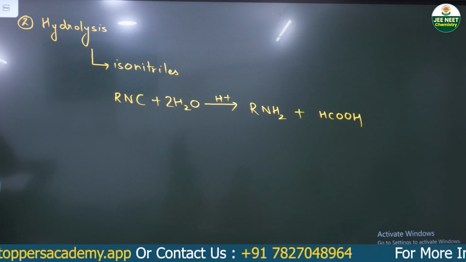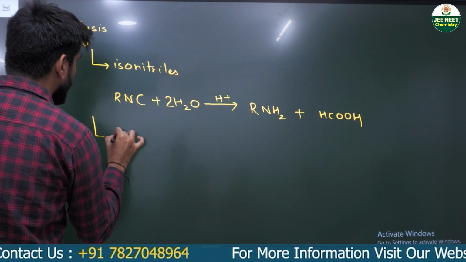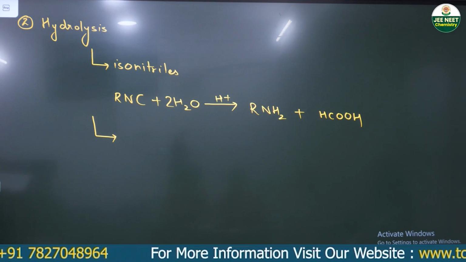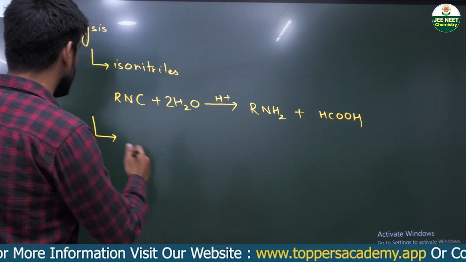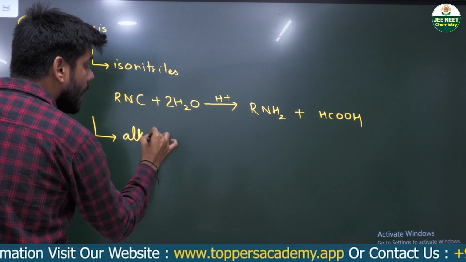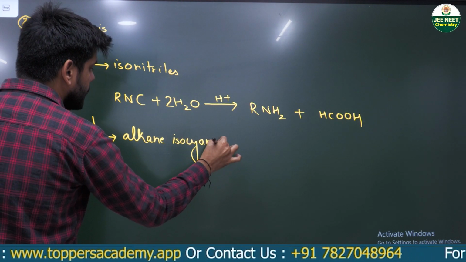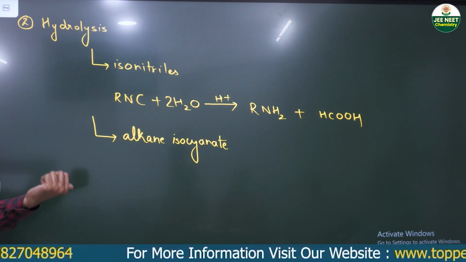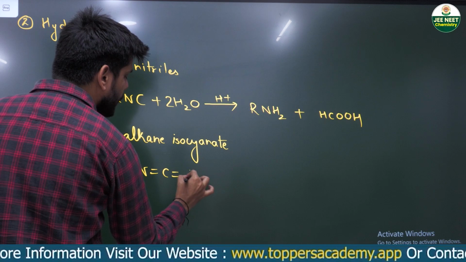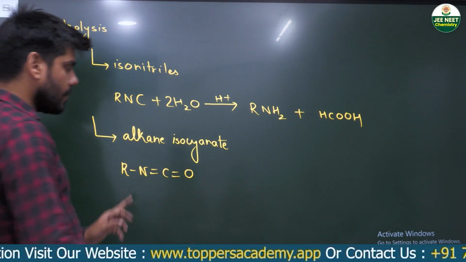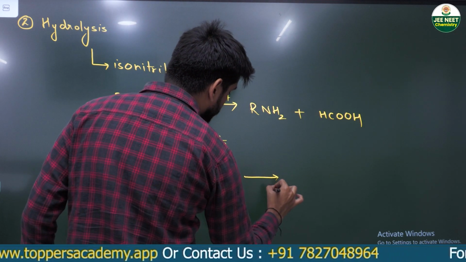And also the hydrolysis of alkyl isocyanates, although we will discuss this in the Hoffmann bromamide reaction also. For example, I have R, N, double bond C, double bond O. This is your alkyl isocyanate, and hydrolysis of it will give you RNH2.